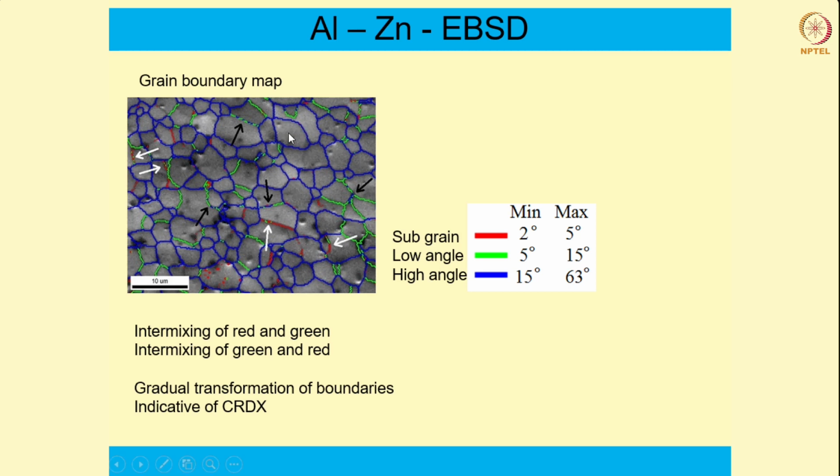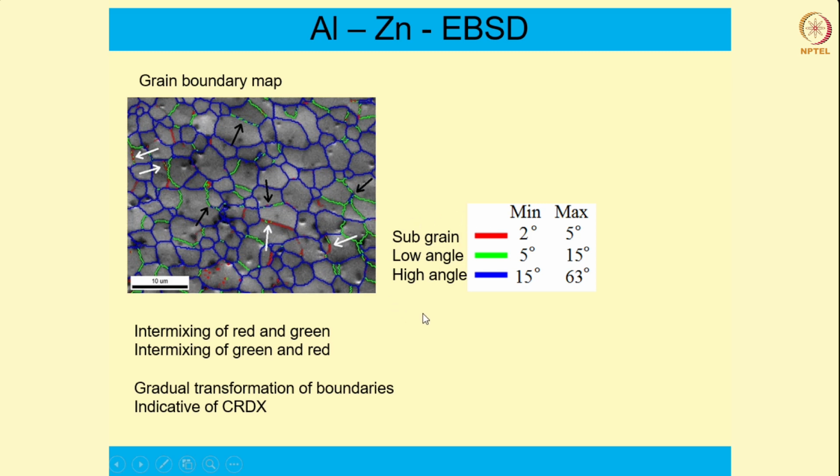The gray areas that you see are the original image quality map, the original image of a particular area of the deformed material, and over that, as I said, we have superimposed the grain boundaries.